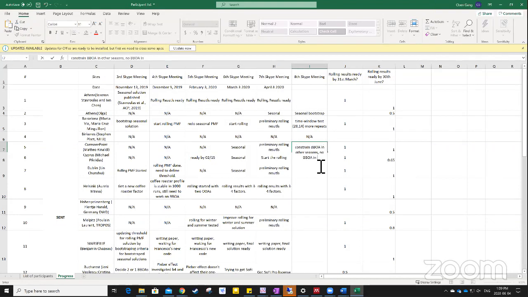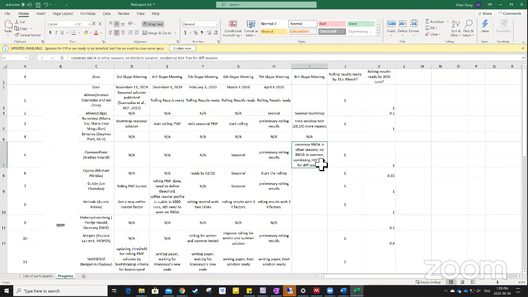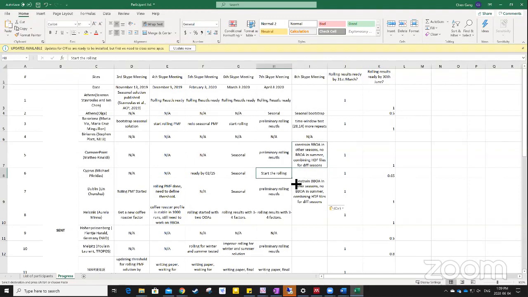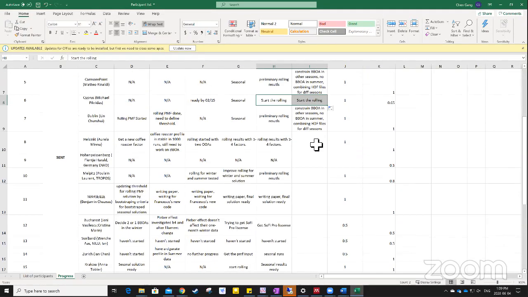And this is the same for the doubling case. But also, even during season 4, like the early September, we also don't expect BBOA, but that needs more detailed look. I haven't done that. I just roughly do for summer and non-summer.